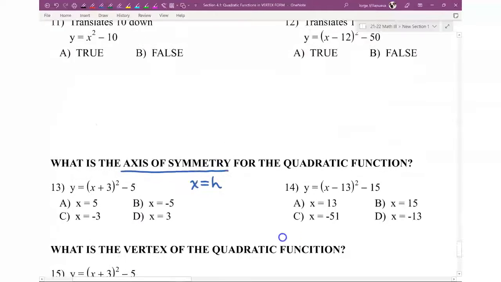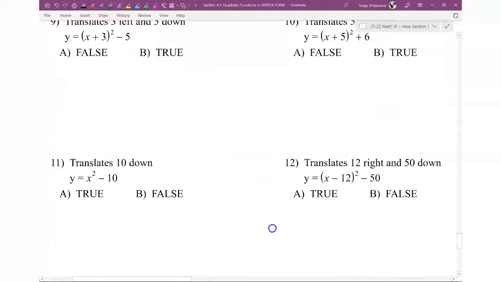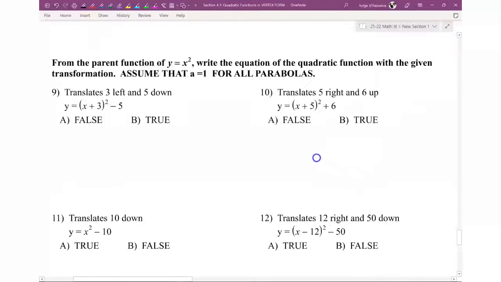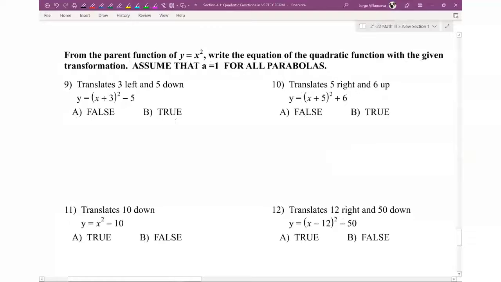Okay? So here's the last thing. We'll go over one of these just so you can see it. Let's look at 10. Okay? What they want you to do is to write an equation in vertex form. Assume that A equals 1, they tell you.